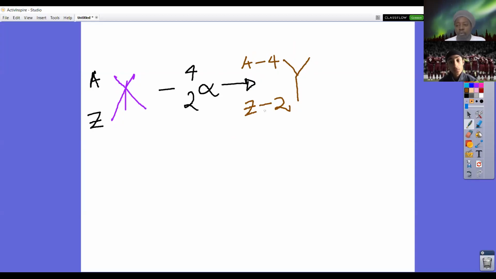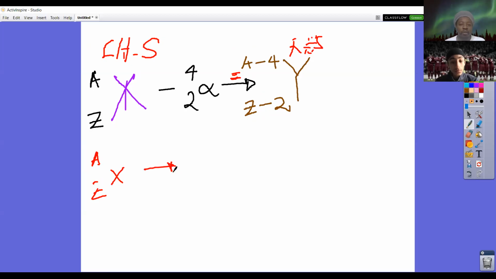You can, of course, rewrite this differently. Think about this as an equation where this arrow means the equal to sign. So like any equation, you have a left-hand side and a right-hand side. I can rewrite this equation like this: A, Z, X equals A minus 4, Z minus 2, Y, plus 4, 2, alpha.